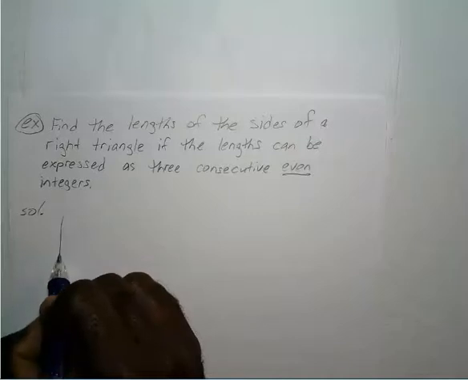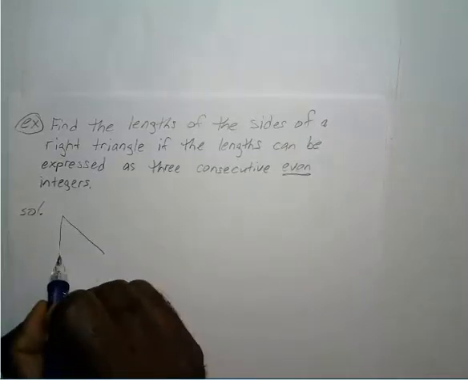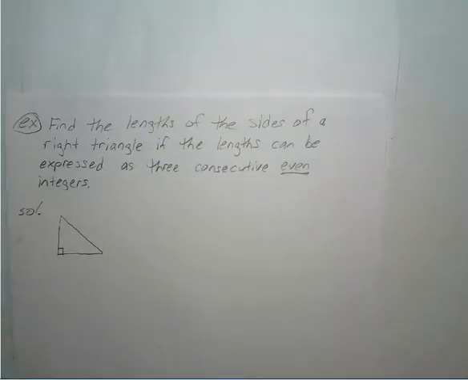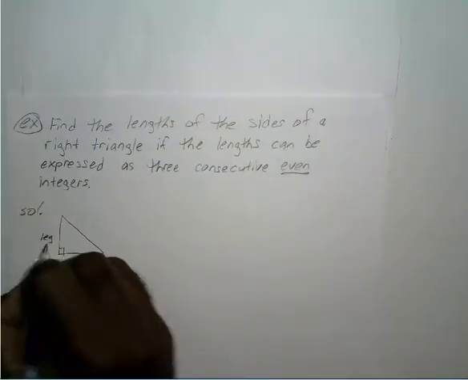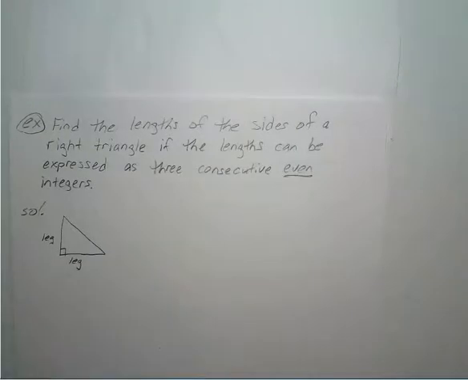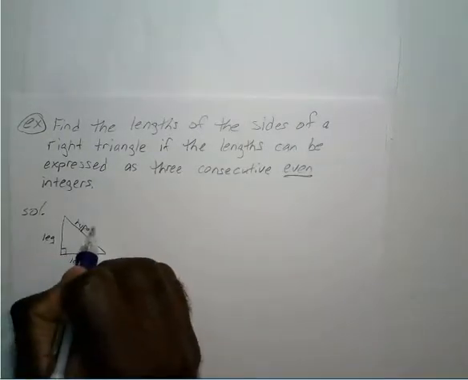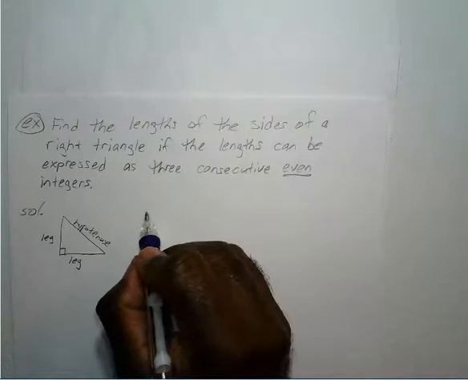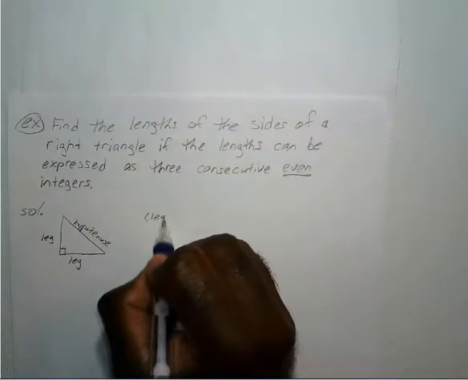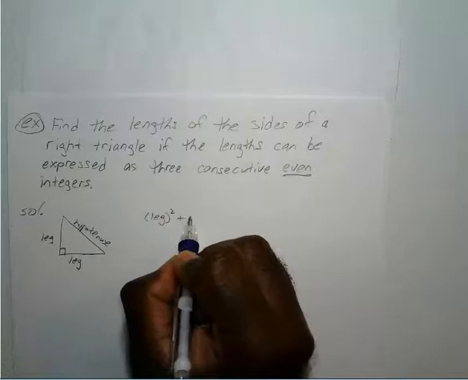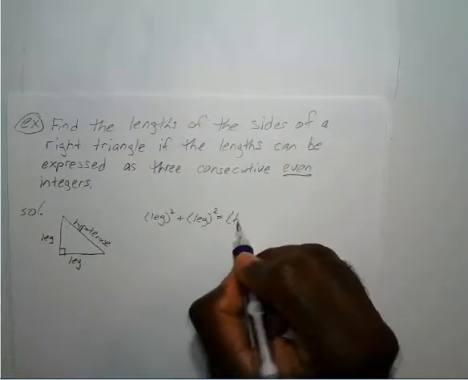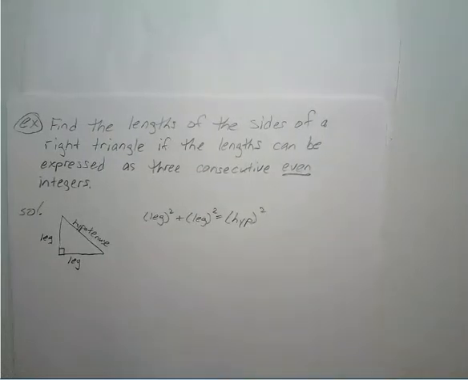Okay, so you have a right triangle. Here, you have your leg of the triangle. And you have your hypotenuse. And that is usually the leg squared plus either leg squared is equal to the hypotenuse squared.